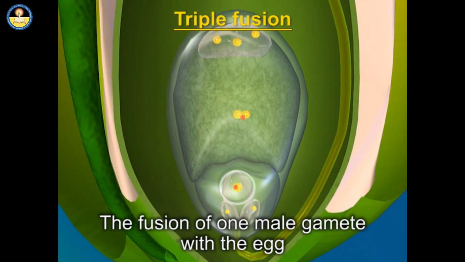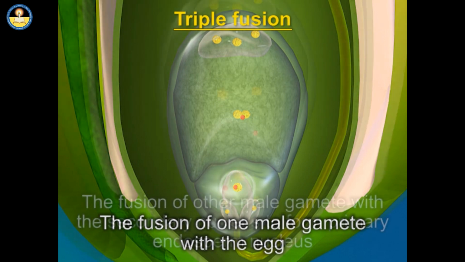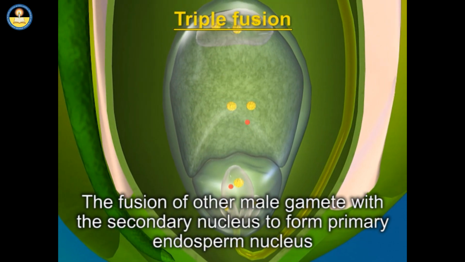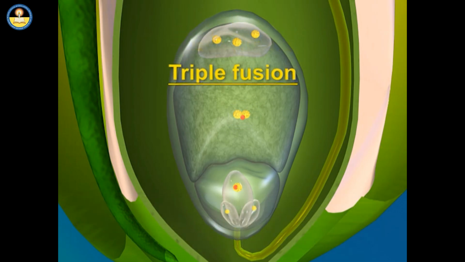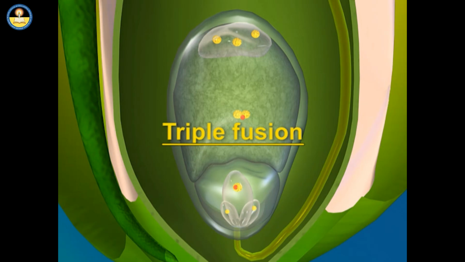Second, the fusion of 1 male gamete with the egg. Third, the fusion of the other male gamete with the secondary nucleus to form the primary endosperm nucleus. Hence, the process is called triple fusion.